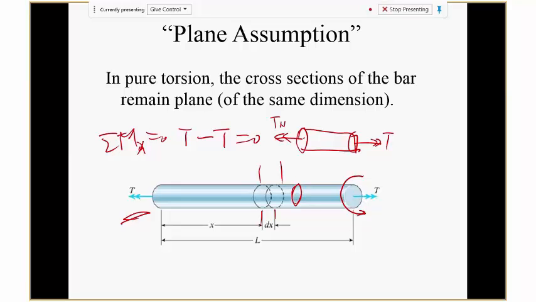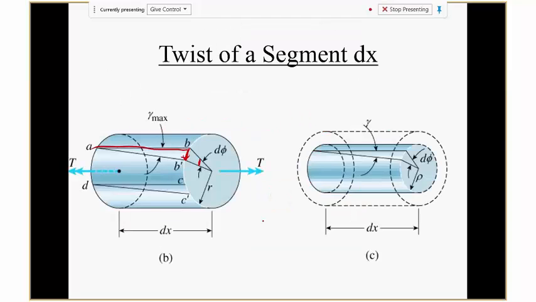No. Okay, if not, let's move on, look at the geometry. Now next will be basically look at this small element. All right? So here is a blown up picture of what we just had there. Okay, so if you apply torque, so this element dx is going to have some deformation here.